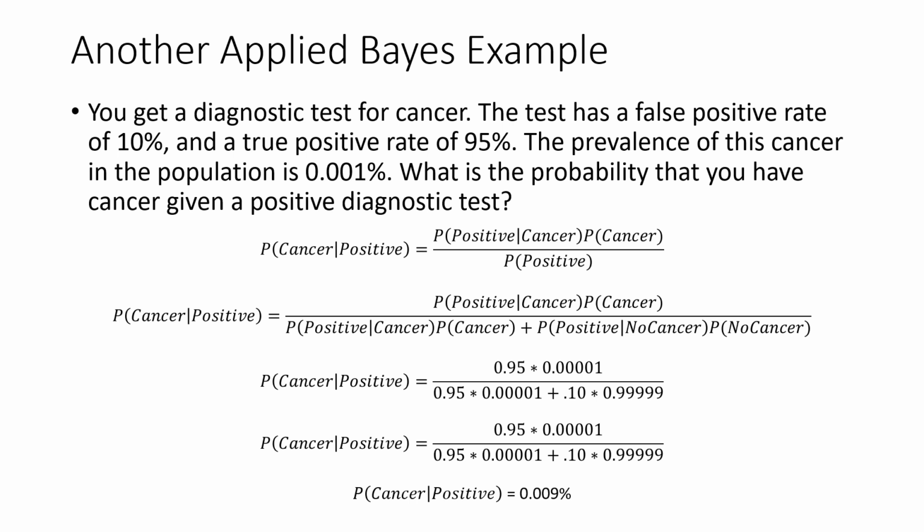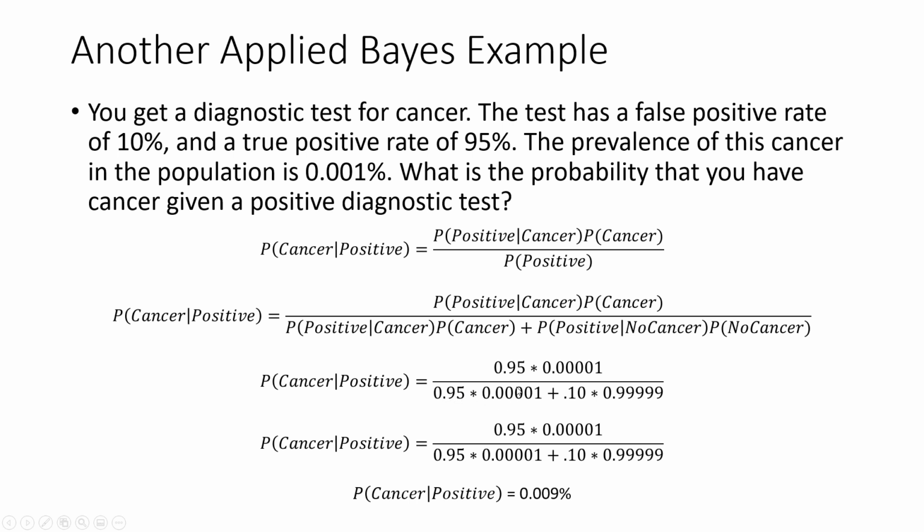Well, we will use Bayes' theorem, and you can see this is how it all fits together, right? So what's the probability that you have cancer given that you got a positive test? And it's equal to this mess right here. And when you start plugging in these numbers, here's the true positive rate. This is the prevalence of the cancer within the population.